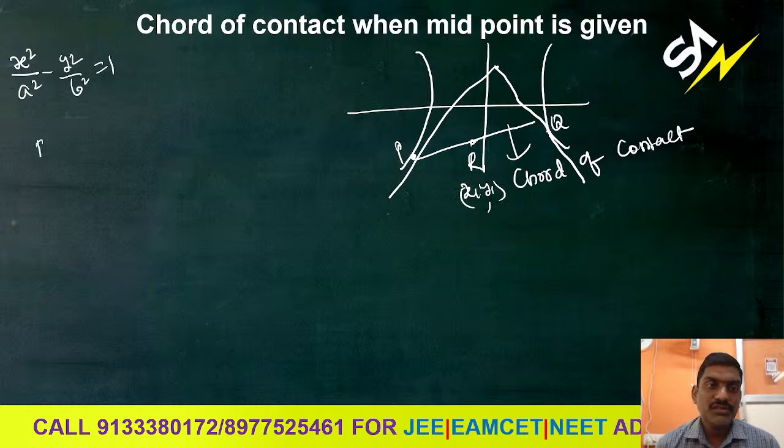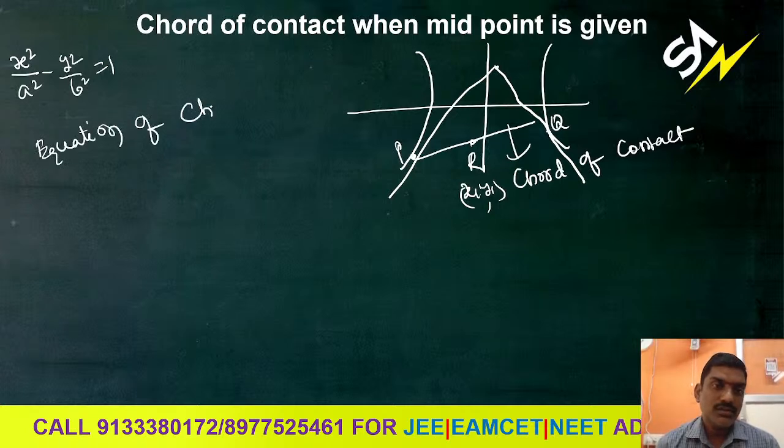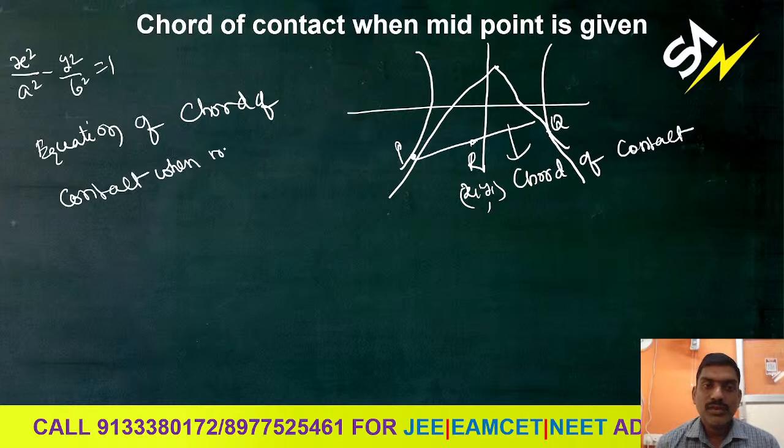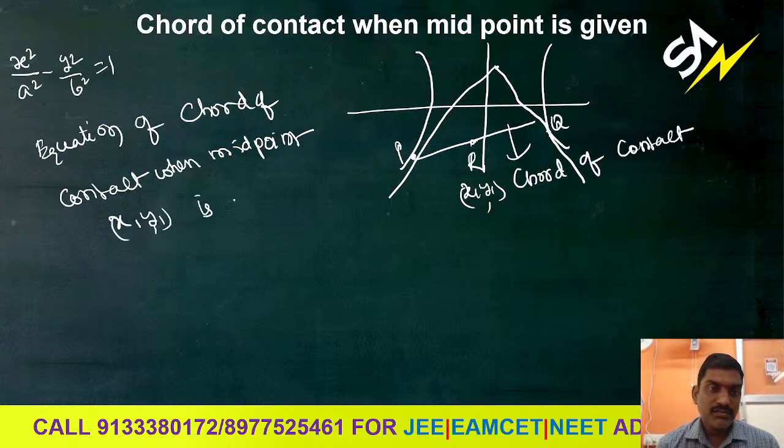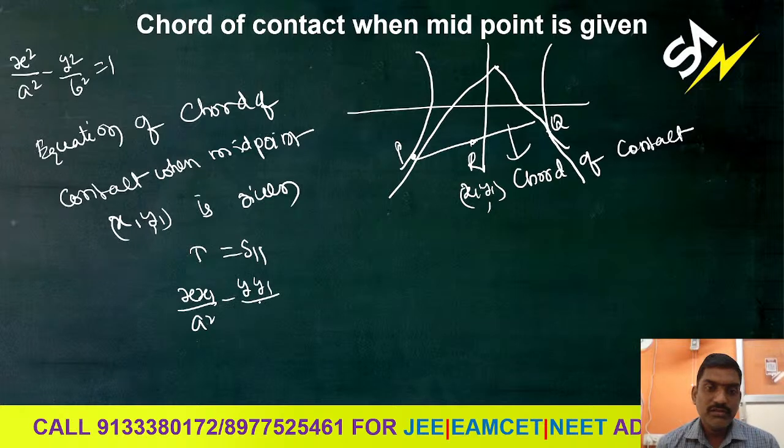Then what is the equation of the chord when the midpoint x1, y1 is given? T is equal to s11. What is T here? x1 divided by a square minus y1 divided by b square minus 1 is equal to s11.